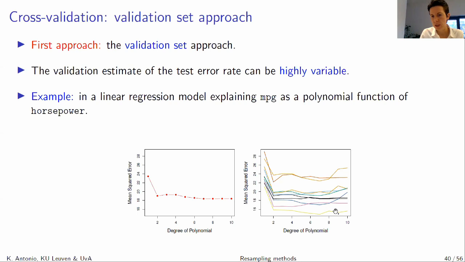But you see that you won't be able to push the test error rate really substantially lower. So then again, we prefer to go for a less complex model. So we prefer to go for the simplest possible model that achieves a reasonable level of performance. And in this case, we would indeed go for a degree of the polynomial equal to 2, right? So this is the first thing we can do.